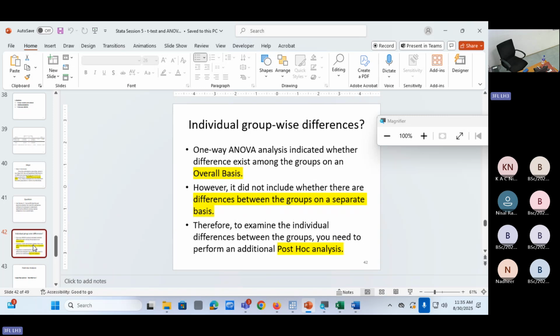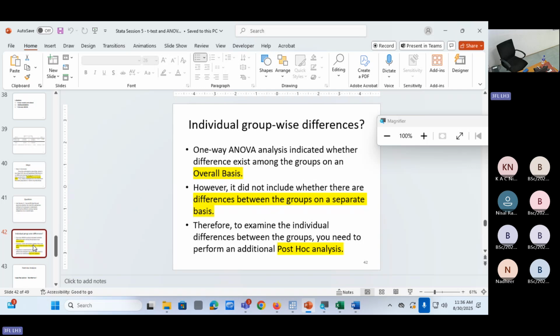For the note: one way ANOVA indicates whether a difference exists among the groups on an overall basis. However, it does not indicate whether there are differences between the groups on a separate basis.